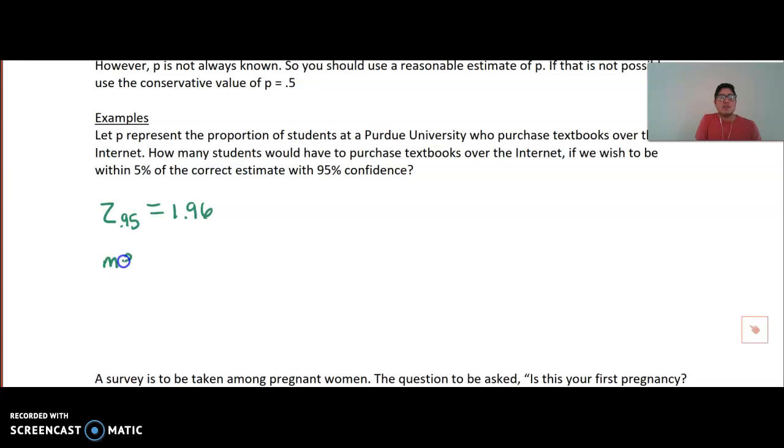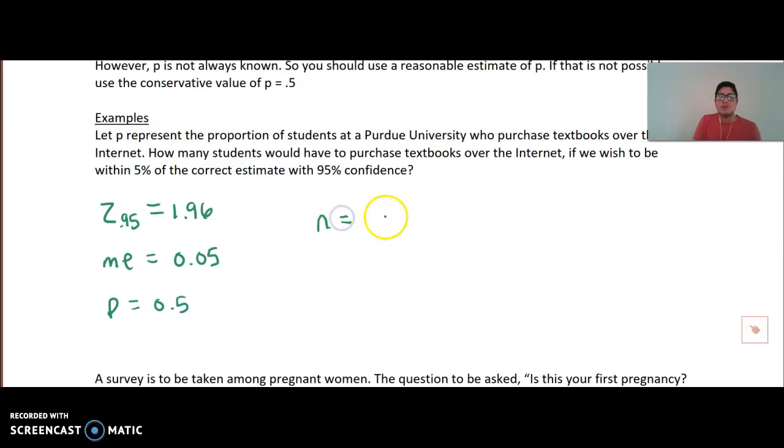We know our margin of error is to be within 5%, so not 5, but 5%, or 0.05. And we also, actually, don't know p. So just as a conservative estimate, we're going to assume p is 0.5, that we can say 50% of students purchase their textbooks online. So now we're going to use our formula.